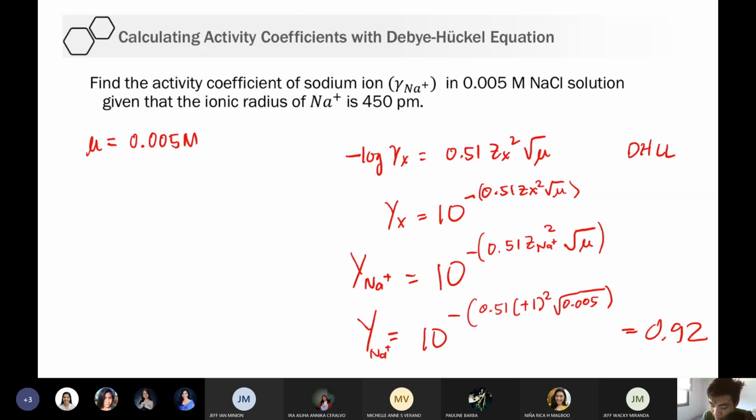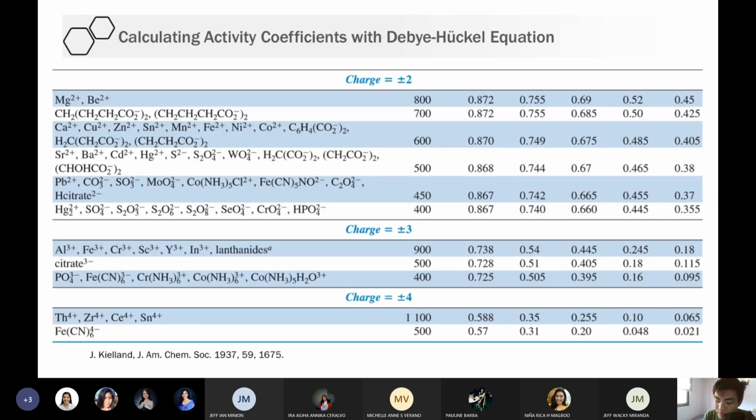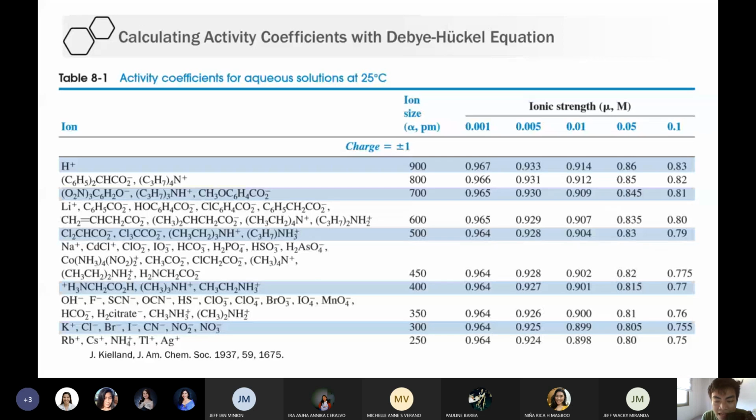The name was Kielland. So Kielland tabulated all the gamma values. So there is no need anymore to use the Debye-Hückel equation. We have here the ions and their corresponding gamma for different ionic strengths. So Kielland already did that.